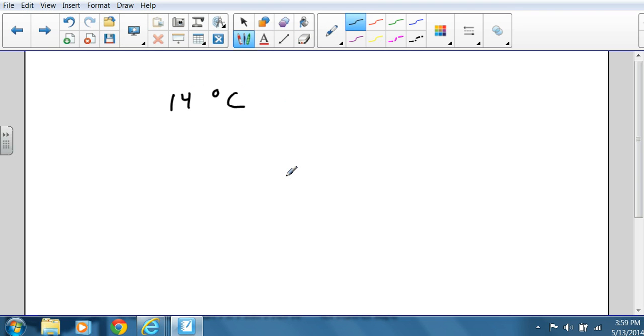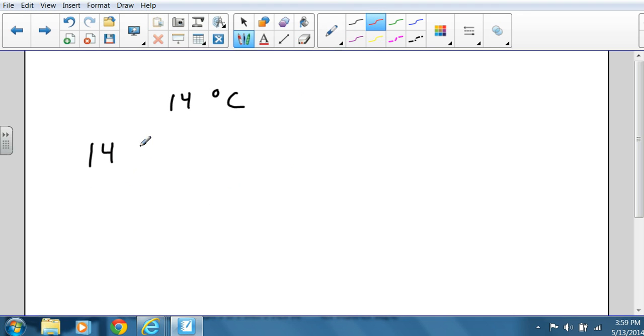Now I can put in multiple answers that say 14 degrees centigrade in the computer, and it'll automatically grade it. So if you put 14 down, the computer is going to say it's wrong. There's no units there.